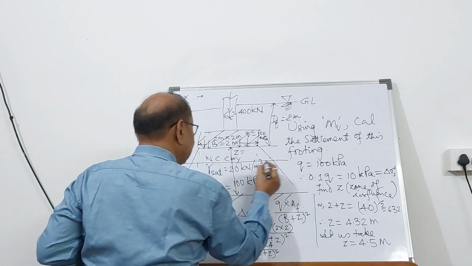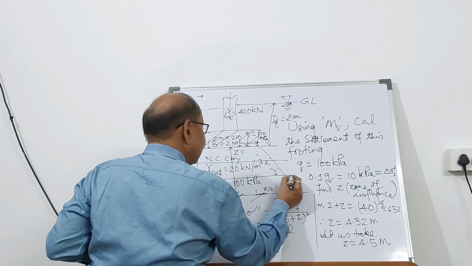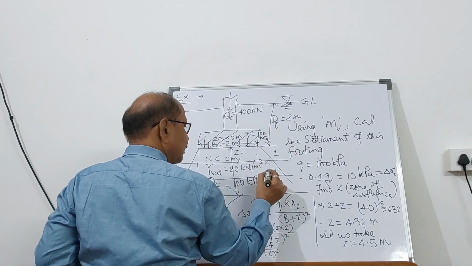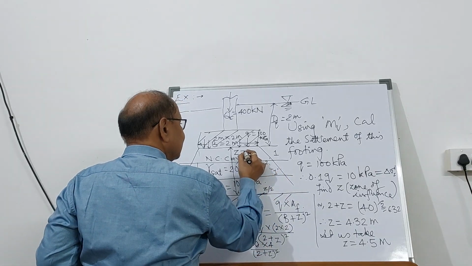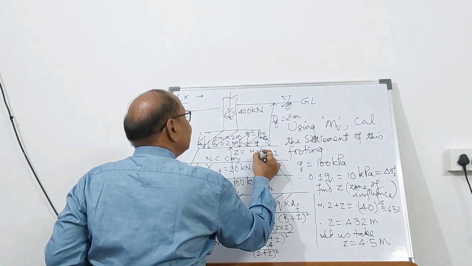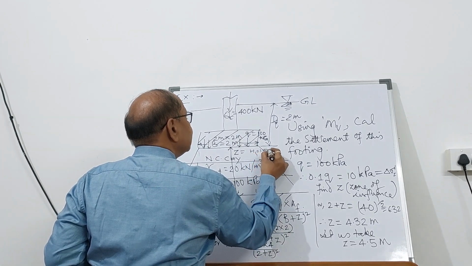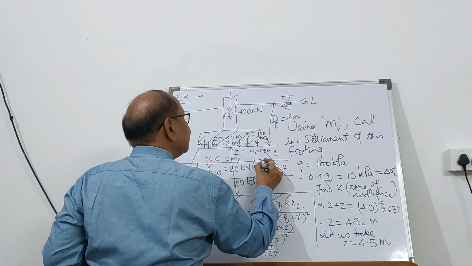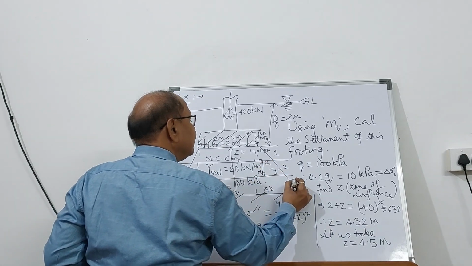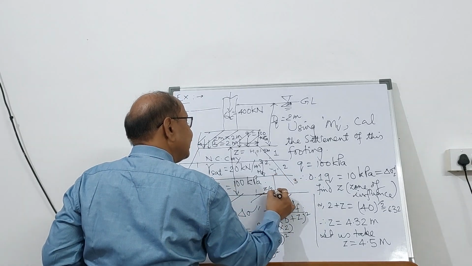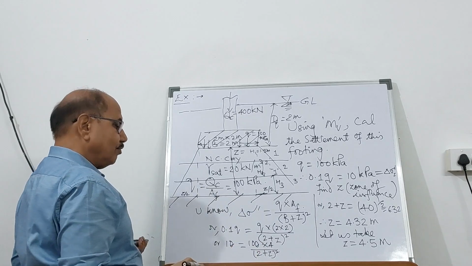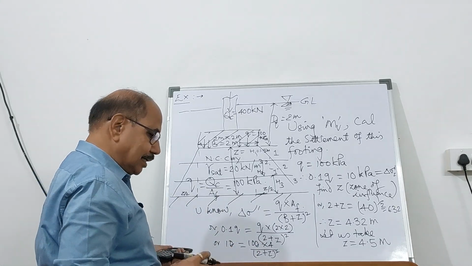This is the first layer from the base of the footing up to here. First layer H1 will be 1.5 meter. The second layer H2 will be 1.5 meter. And this is the third layer where H3 will be also 1.5 meter. So we have got 3 layers.